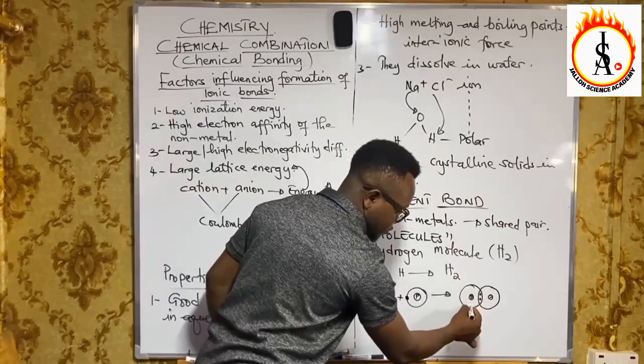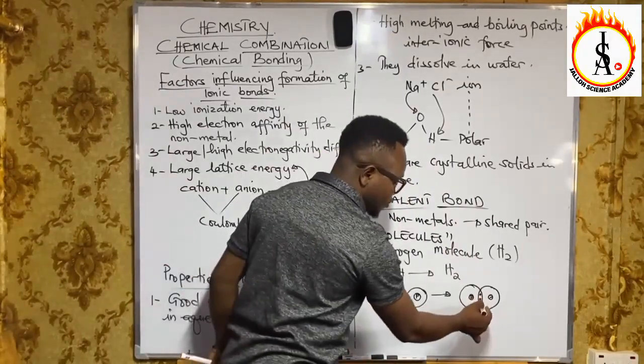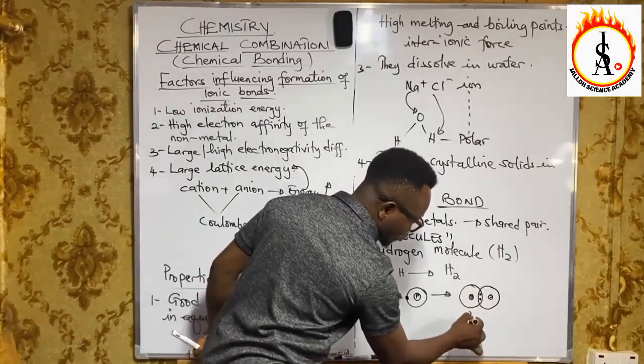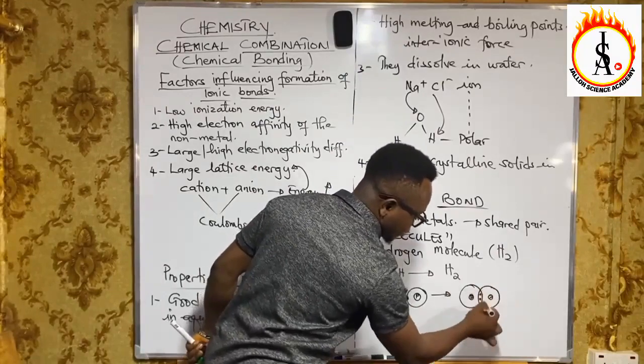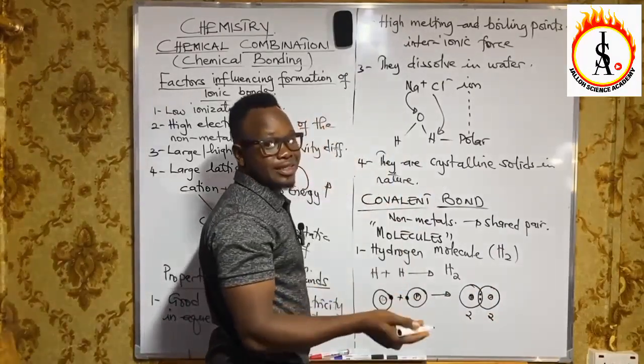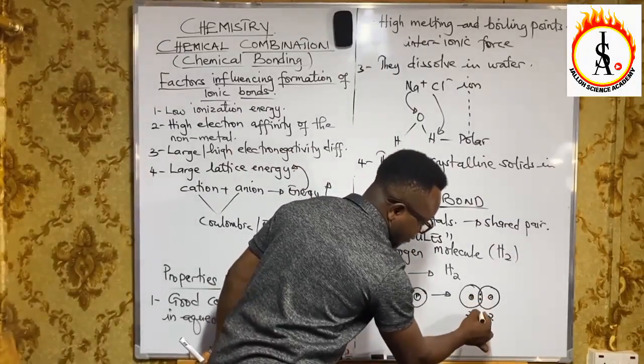Now the total number of electrons in this hydrogen atom here is 2, and the total number of electrons in this other hydrogen atom is 2. So each of them has attained the configuration of helium.